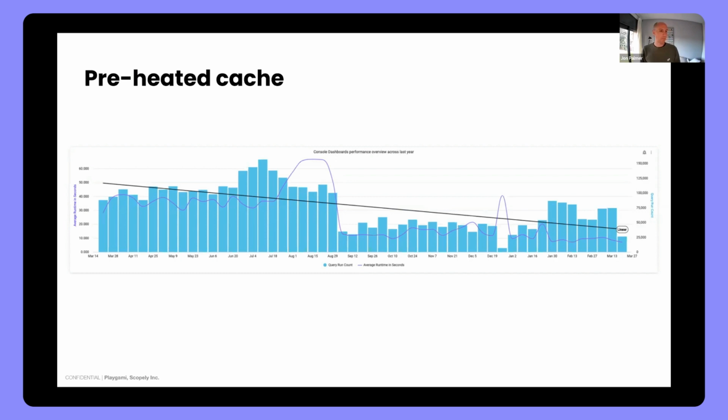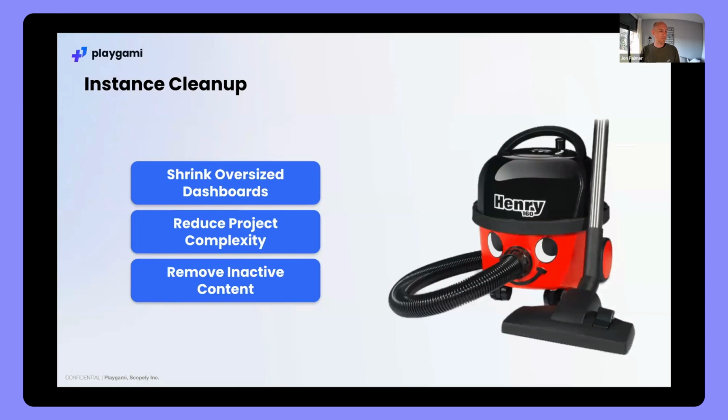So once we realized that, we were very happy to have the epiphany that we could dial this down, stop preheating cache so much, and focus on optimization. And actually, the results are that things have got quicker and we're running fewer queries. So overall, it was a turn of events, but one where we learned an important lesson.